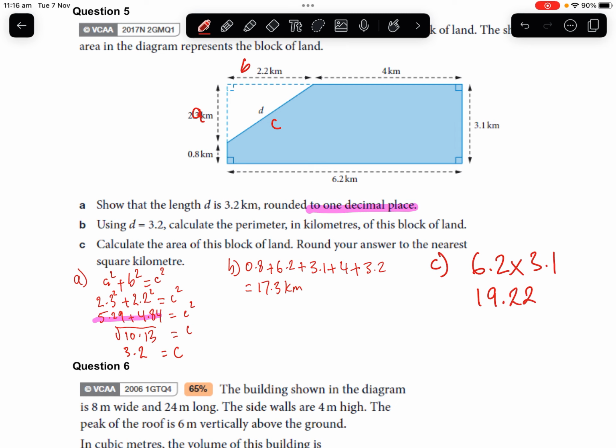Now let's find the area of the triangle. The formula is base times height divided by 2.